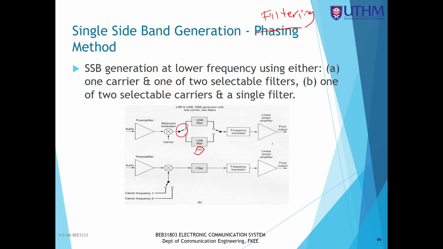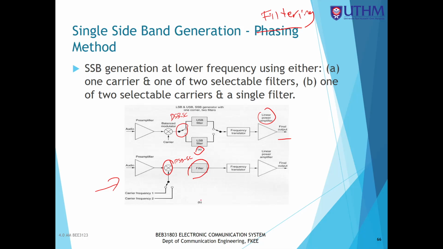Then the frequency translator, and a linear power amplifier amplifies the signal, and then we transmit the signal. Again, I forgot to say that this round shape with X is to produce double sideband suppressed carrier. Then we have another filter to select.